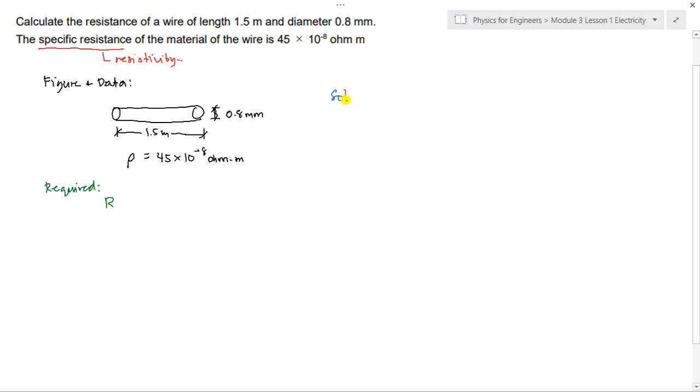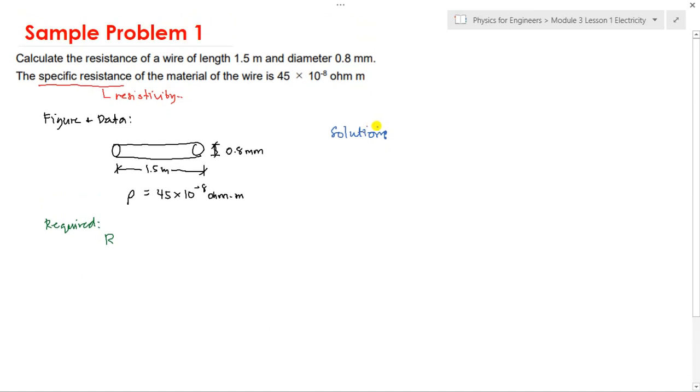So this is a straightforward nga example. Straightforward na kay given man ang mga kanang data. So solution, the formula for resistance using the property of a material resistivity is equal to resistivity the length all over the cross-sectional area.